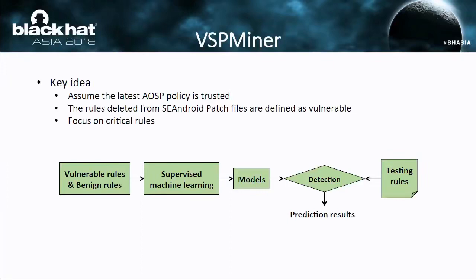And this is the flowchart of our work. We first extract many vulnerable rules and benign rules, and then use machine learning techniques to train models. Then we extract the testing rules from third-party images and try to predict whether these customized rules are vulnerable or not.